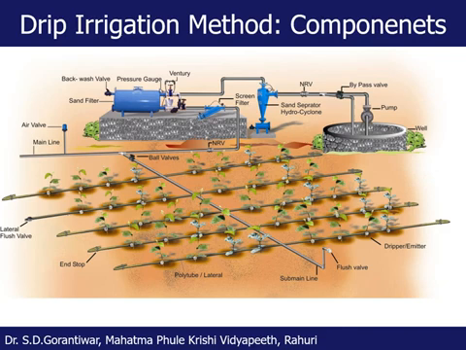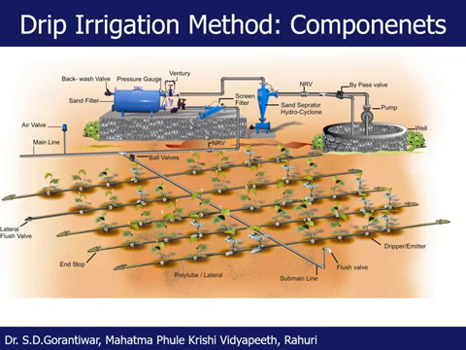Now when we start explaining this particular layout for the purpose of components, then we can start from the source of the water, or we can start from the end, that is from the field. But what I will do, I normally prefer to start from the field, go to the source, and again back from source to the field for the explanation purpose and also for the clarity actually.